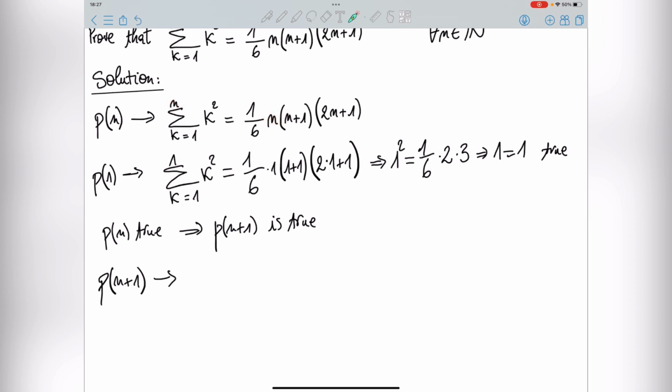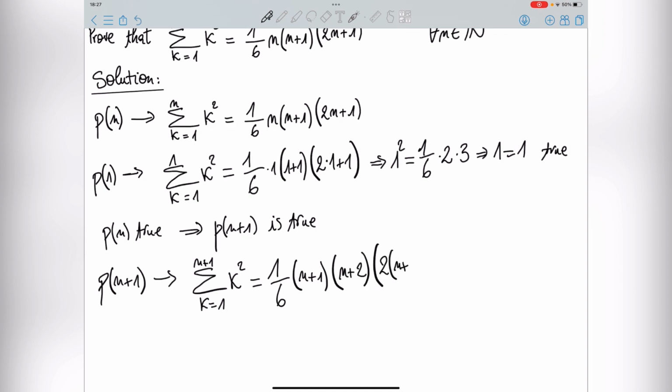So every time that we have n, we're going to substitute n plus 1. So our P of n plus 1 is the summation k from 1 to n plus 1 of k squared. Here we have 1/6 times (n plus 1). Here we had n plus 1, so it's going to be n plus 1 plus 1, which is n plus 2. And here we have 2 times (n plus 1) plus 1.